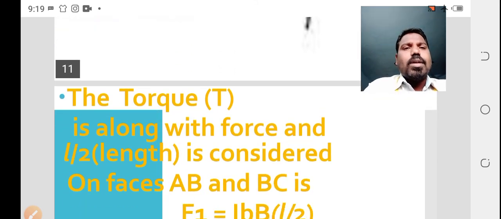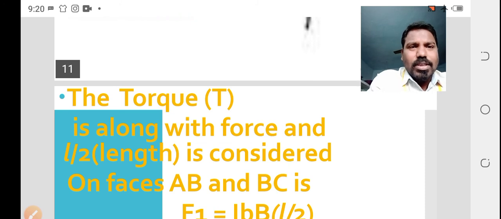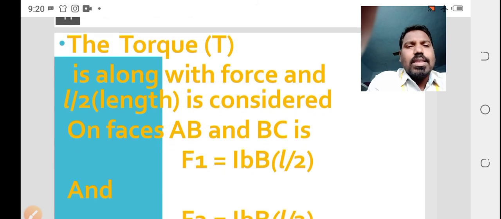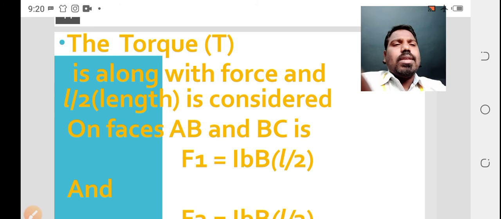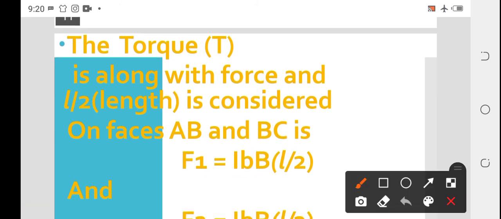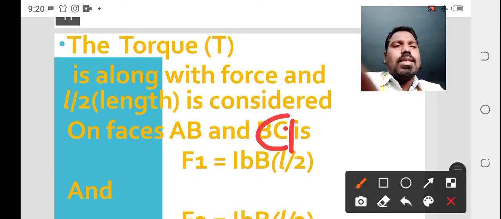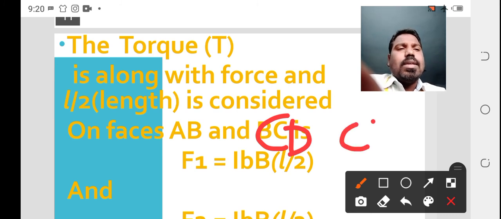So here, because of this not coinciding concept of line of forces, the torque is generated with forces F1 and F2 with length L by 2, which is considered on faces AB and CD.